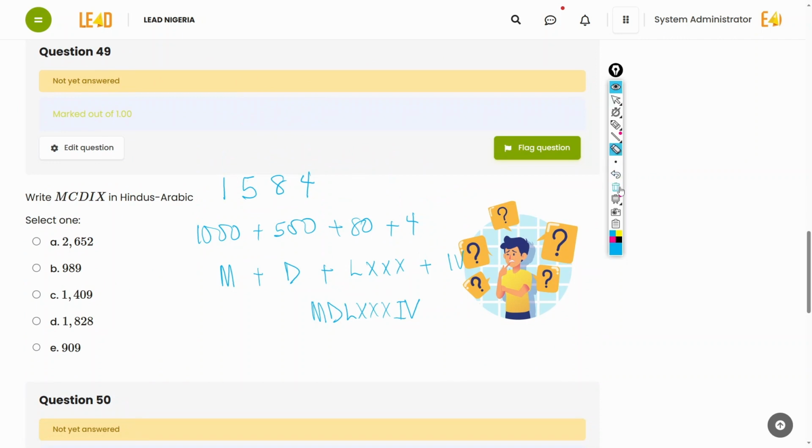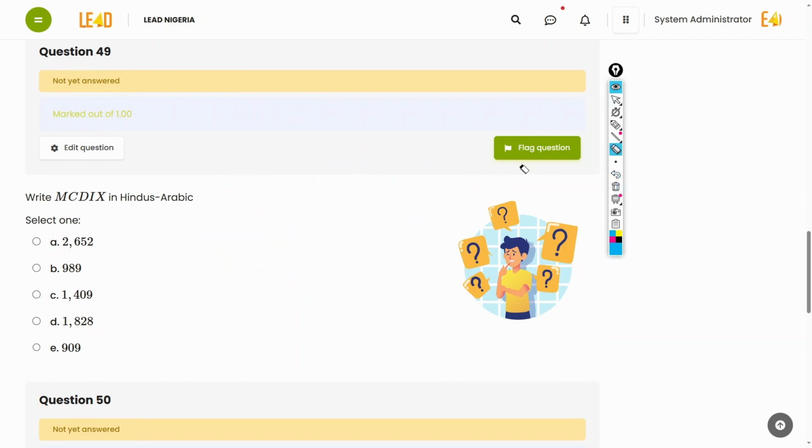Right. The next question says write MCDIX in Hindu-Arabic. We need to split this up.